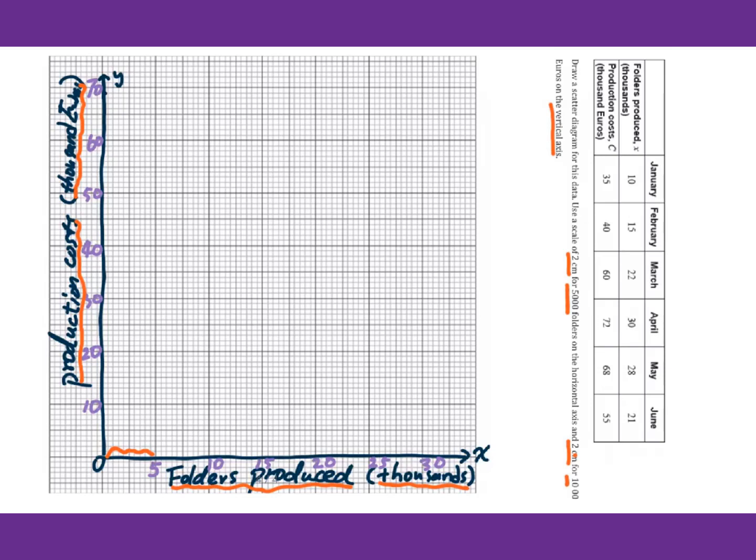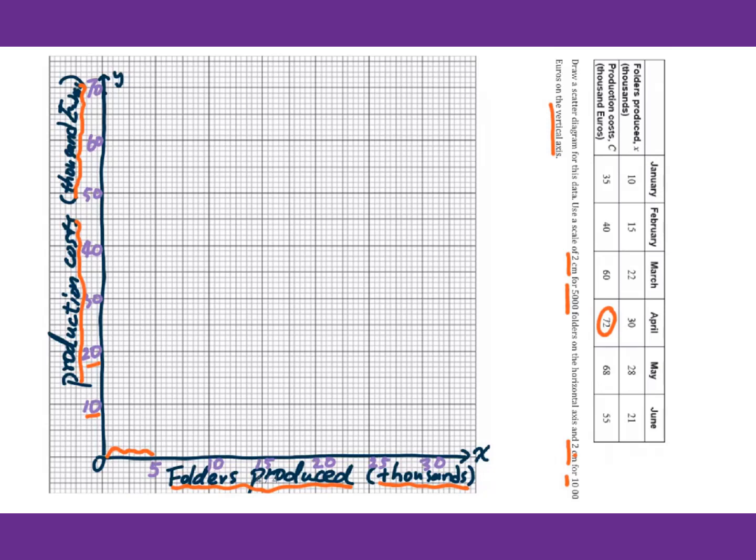So we set up 10,000, 20,000. You could see here that we have 72,000. That's the highest one.